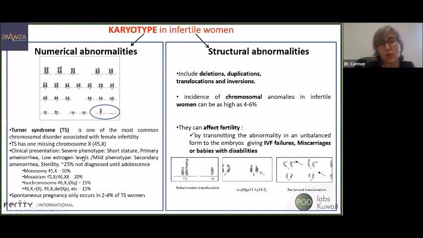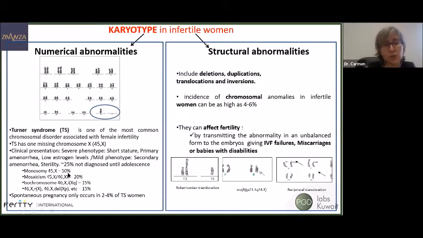The clinical presentation also can be very different from one patient to another. We have severe phenotypes with short stature, premature amenorrhea, low estrogen levels, or phenotypes that are considered mild. Around 25% of these patients are not diagnosed until adolescence.